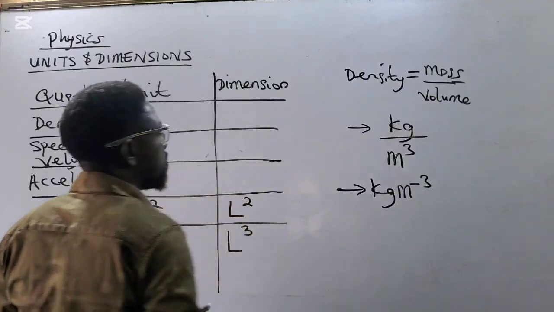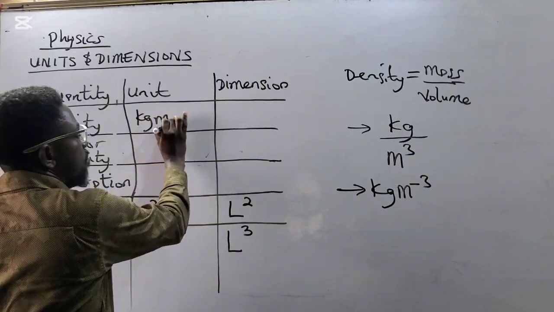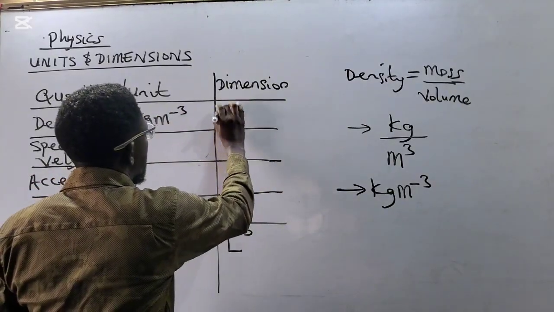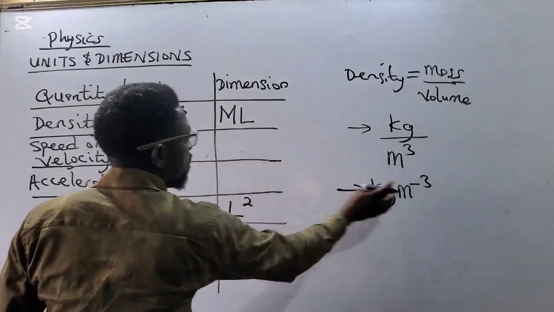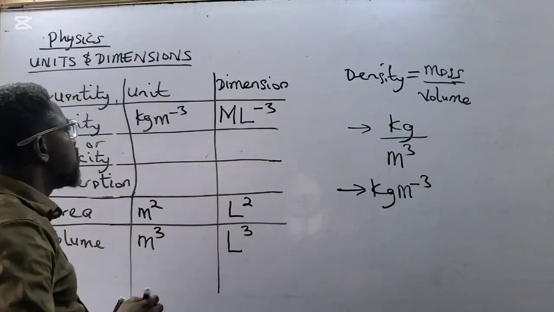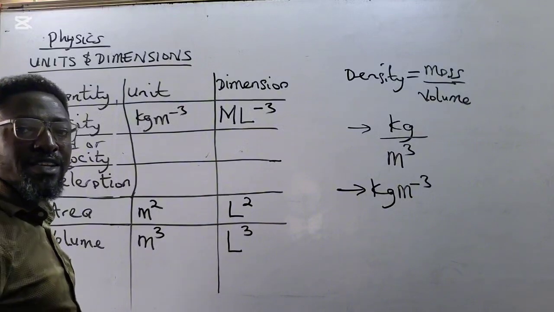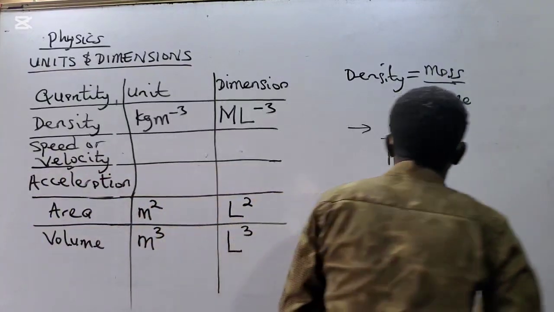Kilogram speaks of mass, so the dimension is M. Meter speaks of length, that's L, then to power minus 3. That becomes the dimension of density.